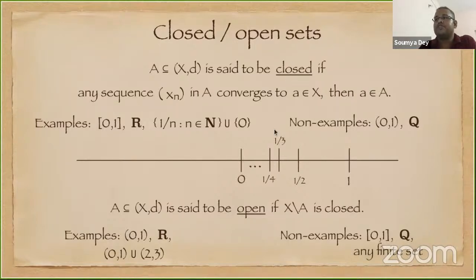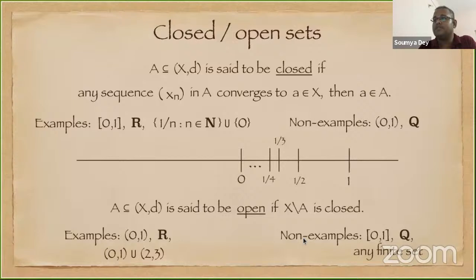Now, using closedness, we define what is an open set, right? A set A is said to be open if the complement is closed. So you see these two definitions, closed and open, can be defined in terms of convergence of sequences. And what are some examples of open sets? You can take the open interval 0, 1, the whole real line, or say a union of two open intervals.